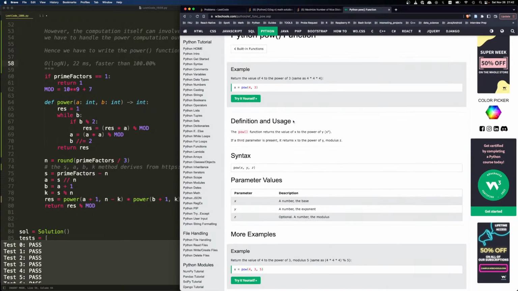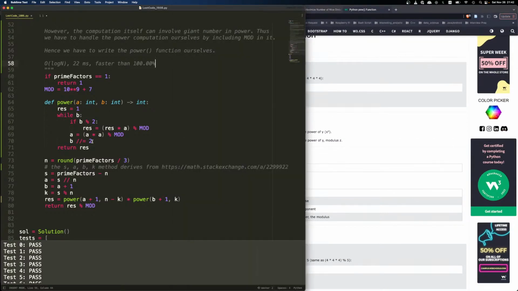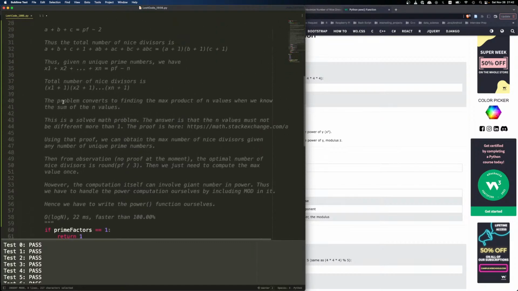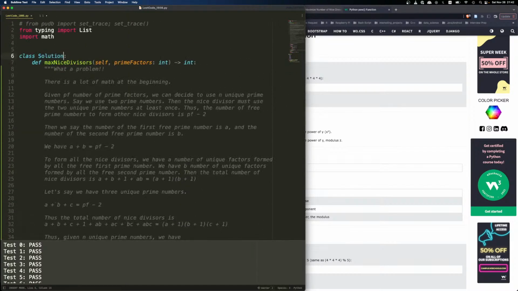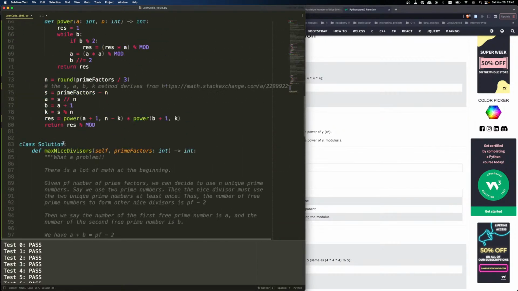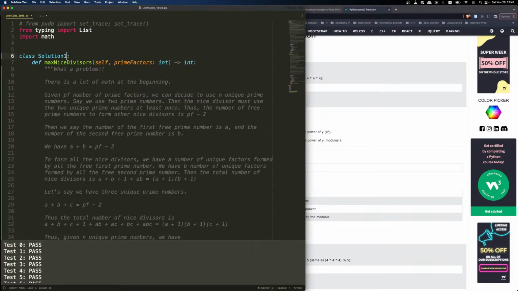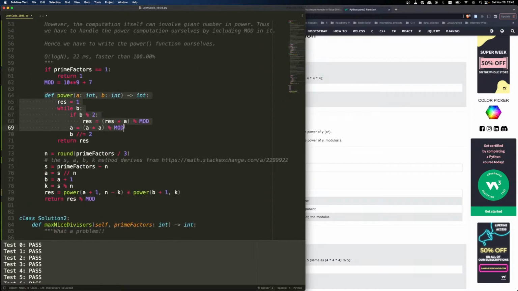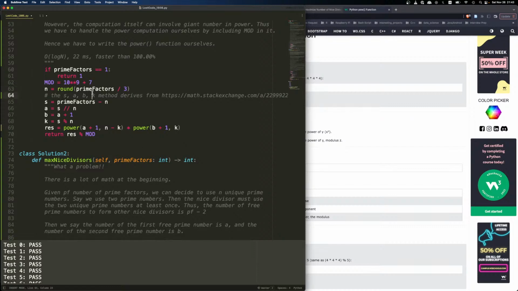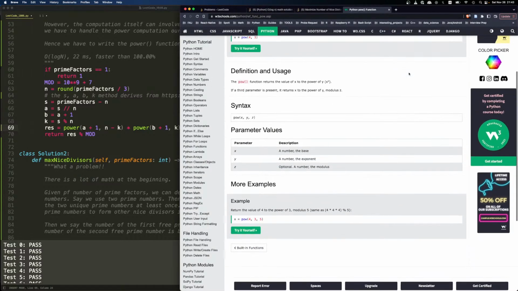Oh, the modulus. You gotta be kidding me. I'll be very, very unhappy. Are you telling me that power, oh man, I think I remember, so I could have just done it. Is it from math import power?